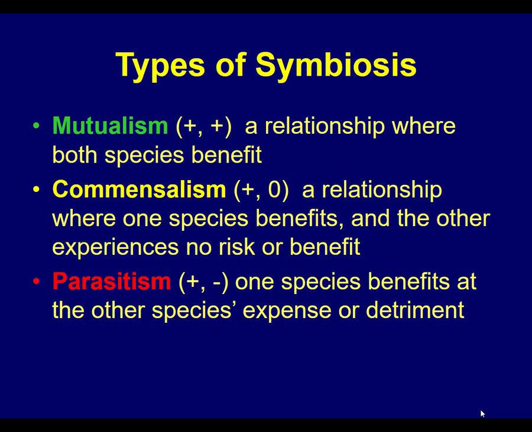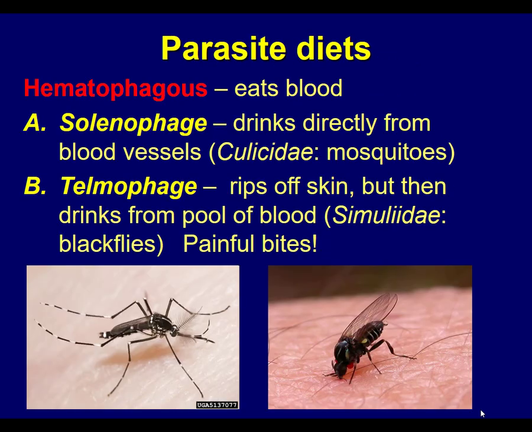So, okay. So, in terms of what parasites eat, first we could go ahead and talk about the blood eaters. And there are two different types of ways you can get blood into your insect body there. The first, what's considered solenophages, those tap into blood vessels and drink directly from the blood.